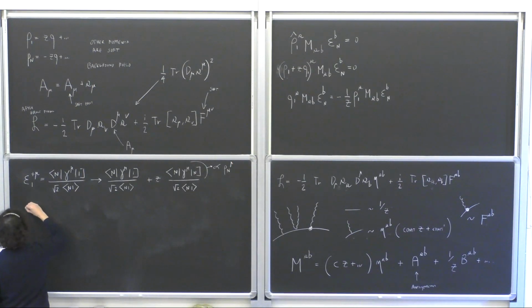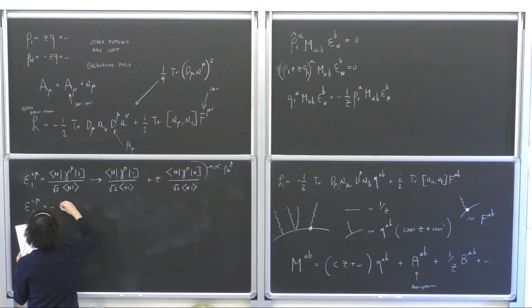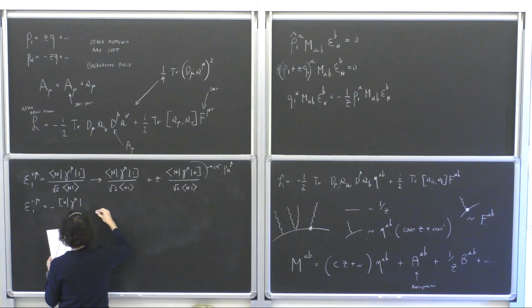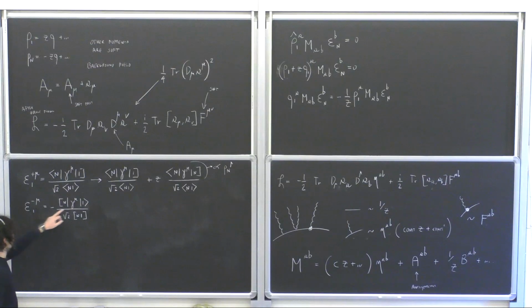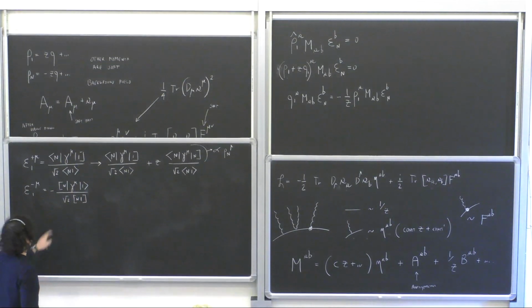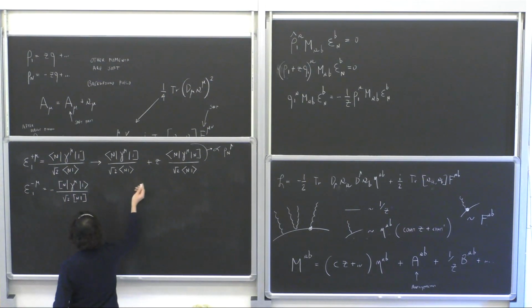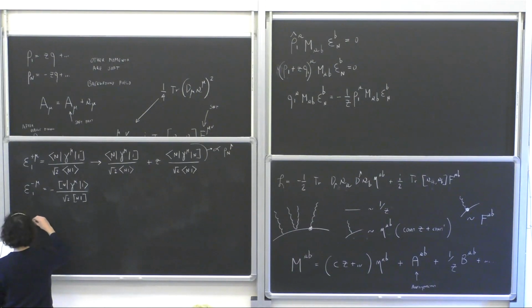Okay. How about for the minus polarization? So the minus polarization stays unshifted because the shift, as you recall from yesterday, affects the angle bracket of n and the square bracket of 1, which don't appear. So this goes into itself. There's no shift. Same thing for the positive polarization for leg n, for the last leg.